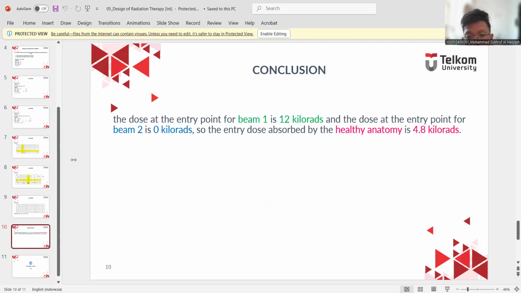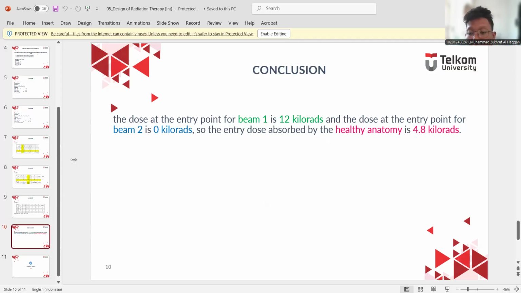Okay. In conclusion, the optimal radiation therapy design is to deliver a dose of 12 kilorads via beam 1 and 0 kilorads via beam 2.